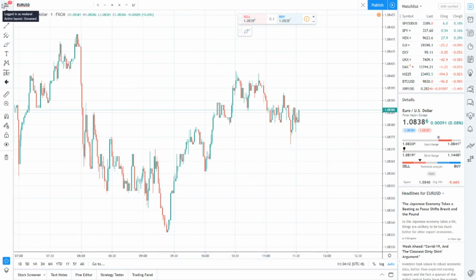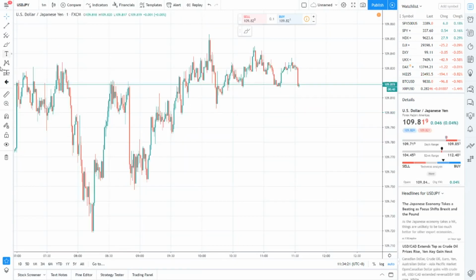Let's go for another currency pair, USD Japanese yen. Oops, sorry, I almost forgot the currency pair. When we go to USD Japanese yen, usually anything related to yen, the pip is measured in 2 decimal points.